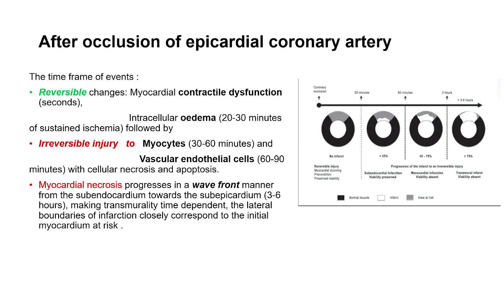And this is the jeopardized myocardium after onset of occlusion. And then necrosis of the tissue starts from the endocardium to the epicardium after 60 to 90 minutes. And over 3 to 6 hours, most of the supplied area becomes necrosed.